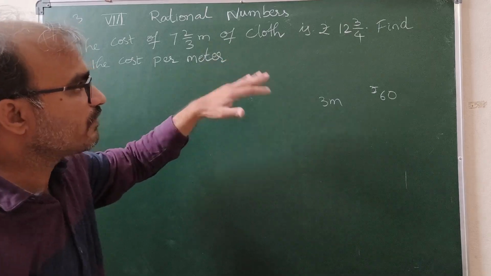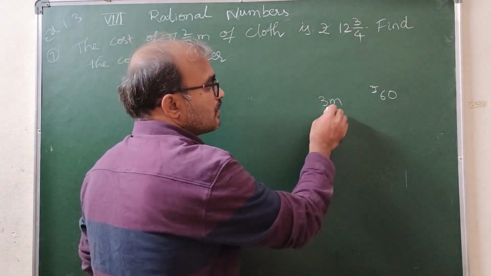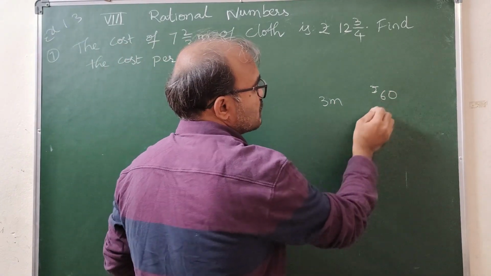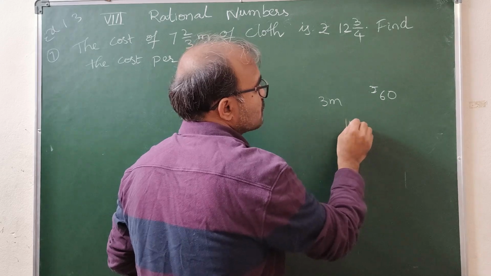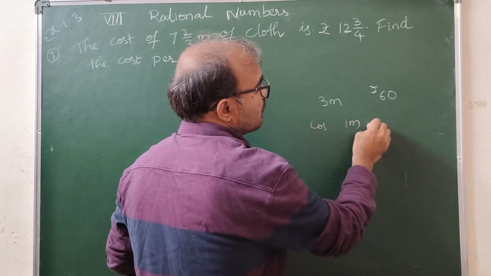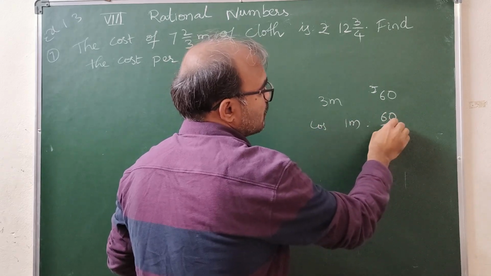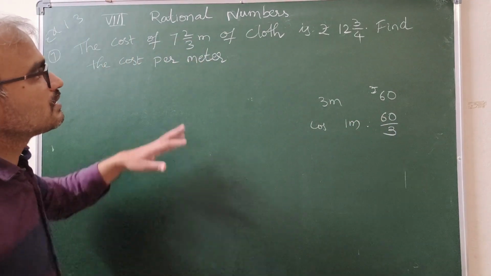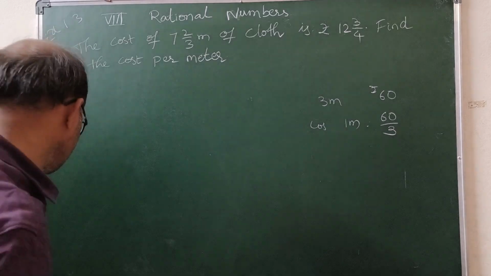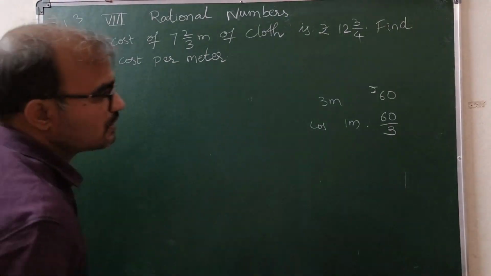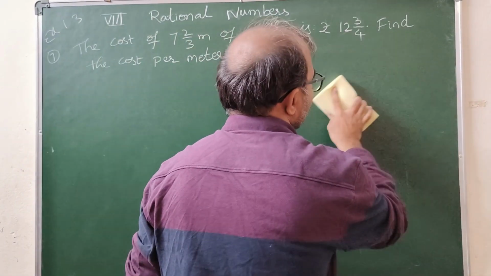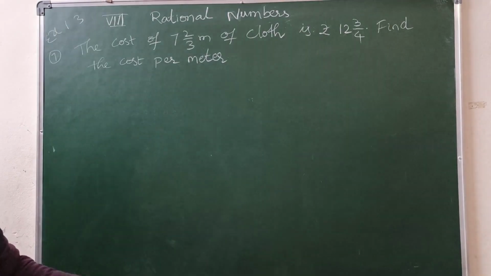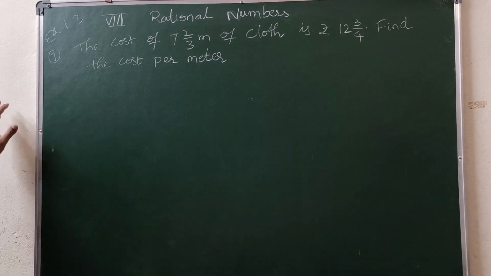So you should know what we have to do. Here the cost of 3 meters of cloth is 60 rupees. So the cost of 1 meter of cloth is how much? 60 by 3, right? You should know that we have to divide here. As it is now 8th class, the numbers are fractions. It's simple, right? If you are able to multiply and divide fractions, you can solve this easily.